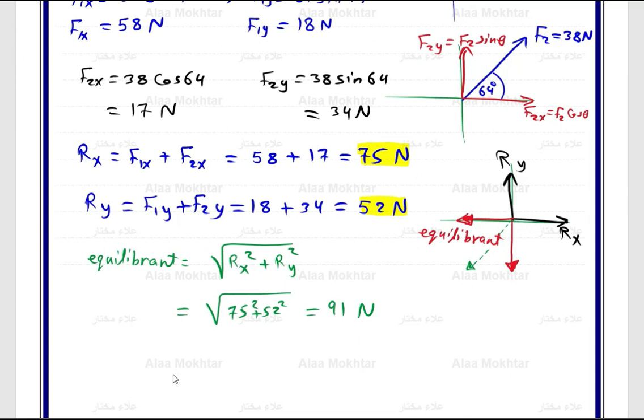If we need to calculate the direction, angle theta equals tan inverse of Ry over Rx.